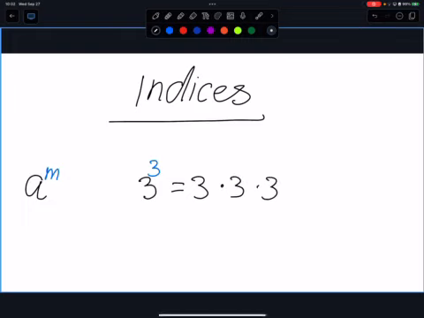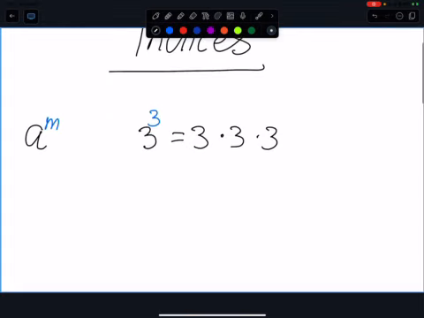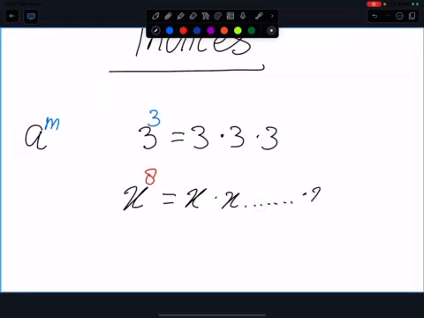That's what it means. Taking it a step further, if I say x to the power of 8, it means x times x times x, 8 times. That's what it means.